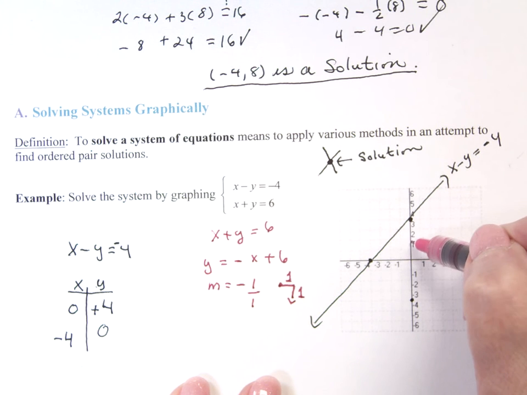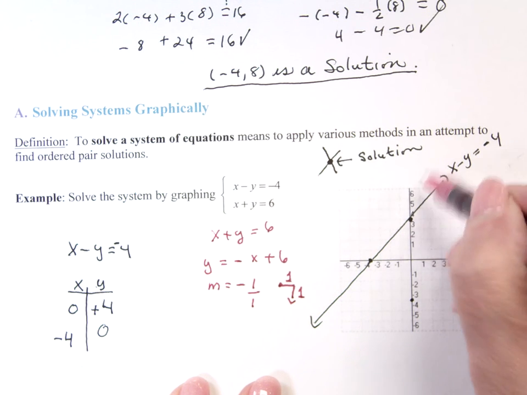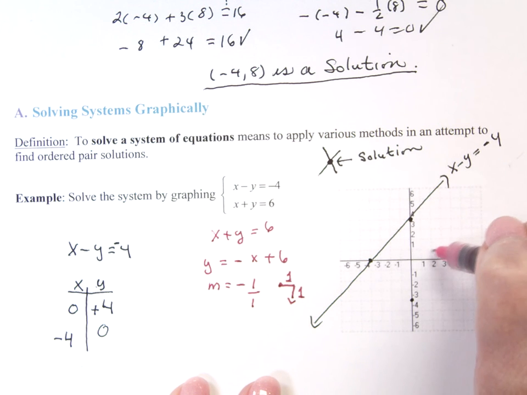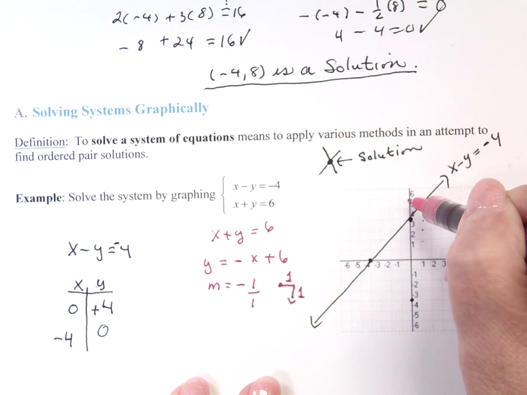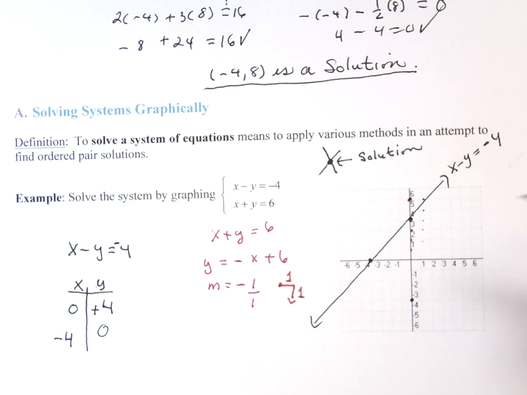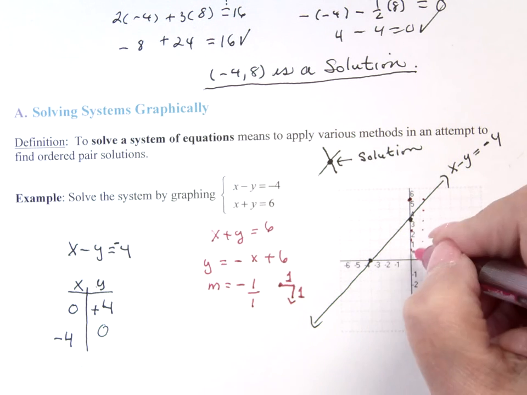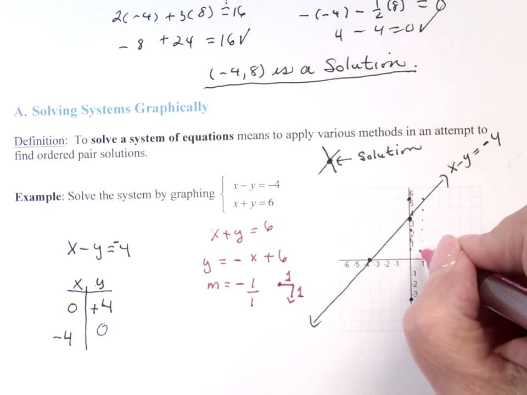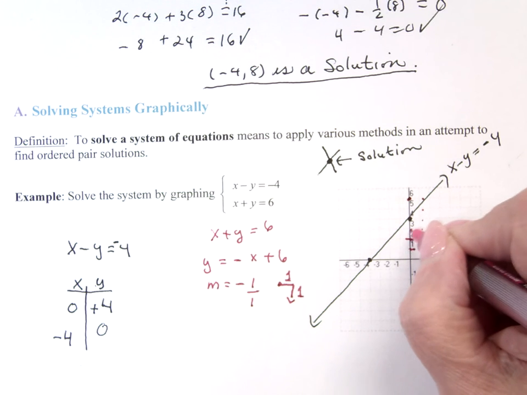Again, 1, 2. I don't like this graph paper. It says it is above. 1, 2, 3, 6. So it's a 6. 1, 2, 3. I'm off 1. I'm off 1. That's what I get for choosing this graph paper.